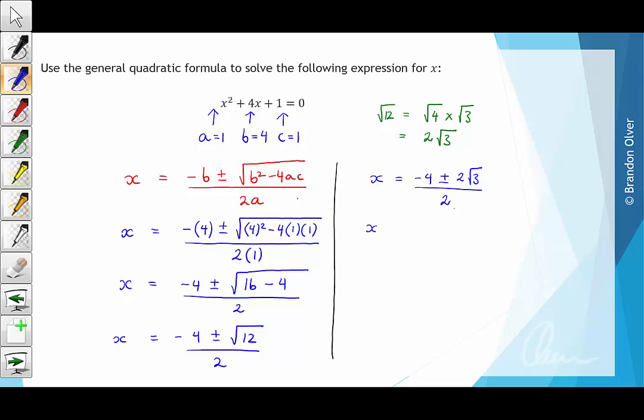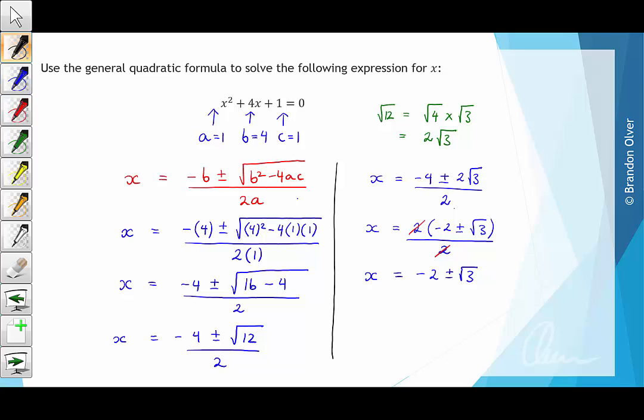And now we have x is equal to, so 2 is common to the top line, so we can factorize that out to be 2 bracket negative 2 plus or minus the square root of 3 over 2, and we can see that the 2 will cancel, which leaves x is equal to minus 2 plus or minus the square root of 3.